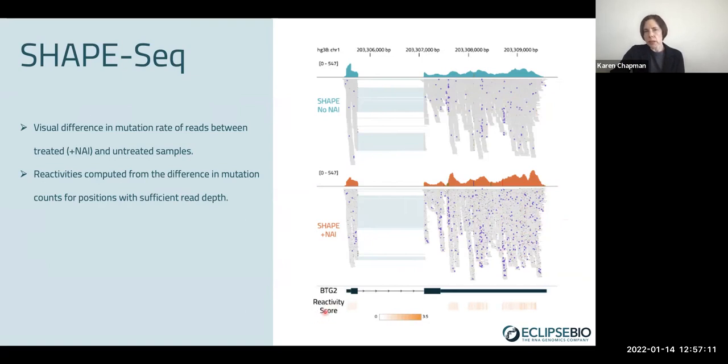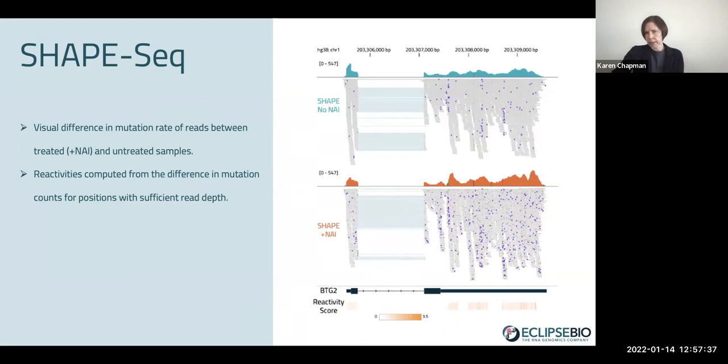And reactivity scores can subsequently be fed into folding algorithms. There are many tools available online to do that. And these reactivity scores have been shown multiple times in the literature to really facilitate a better RNA fold than if you just did it with just the primary sequence.